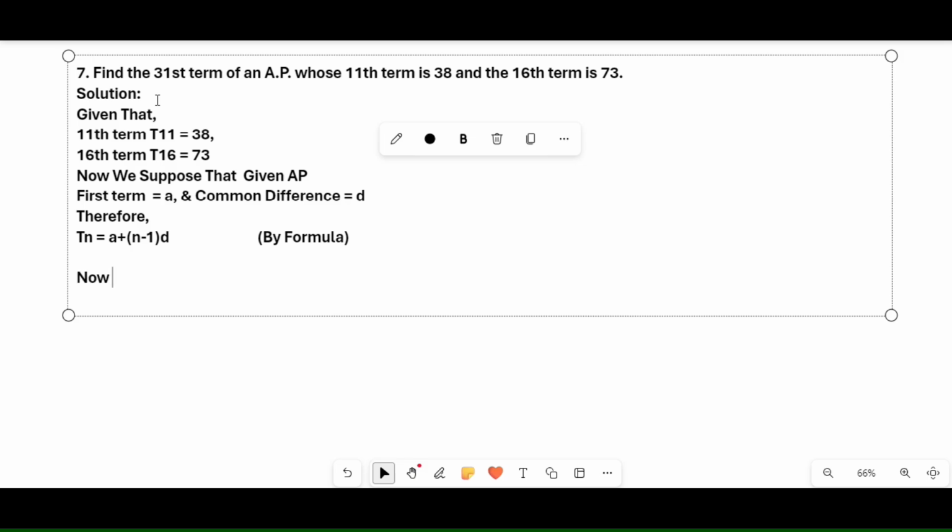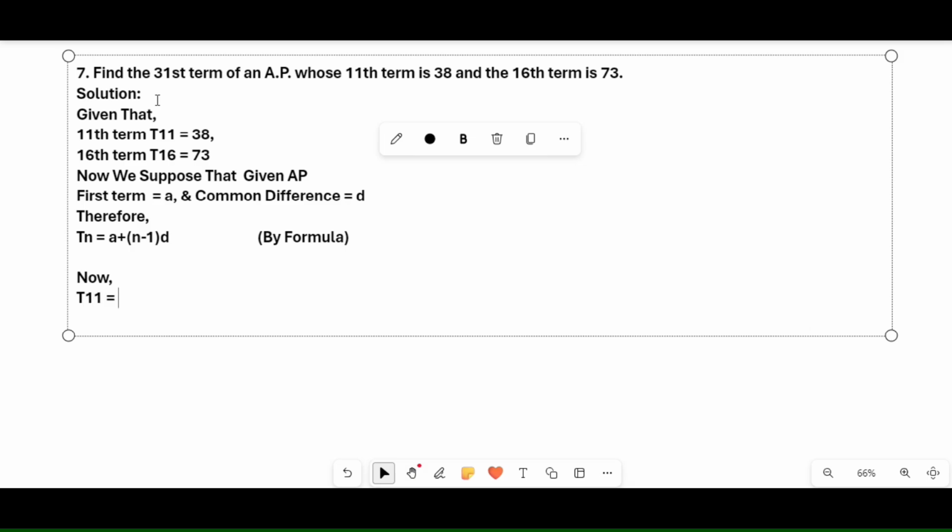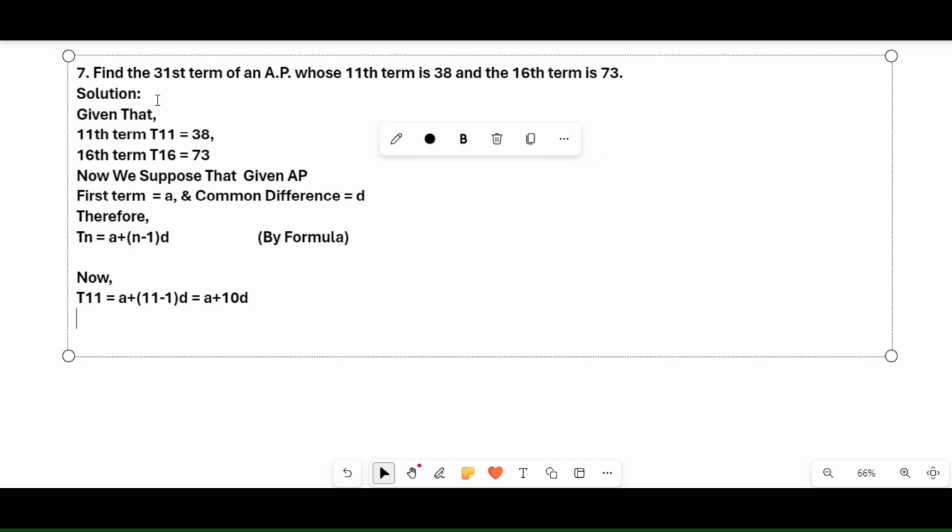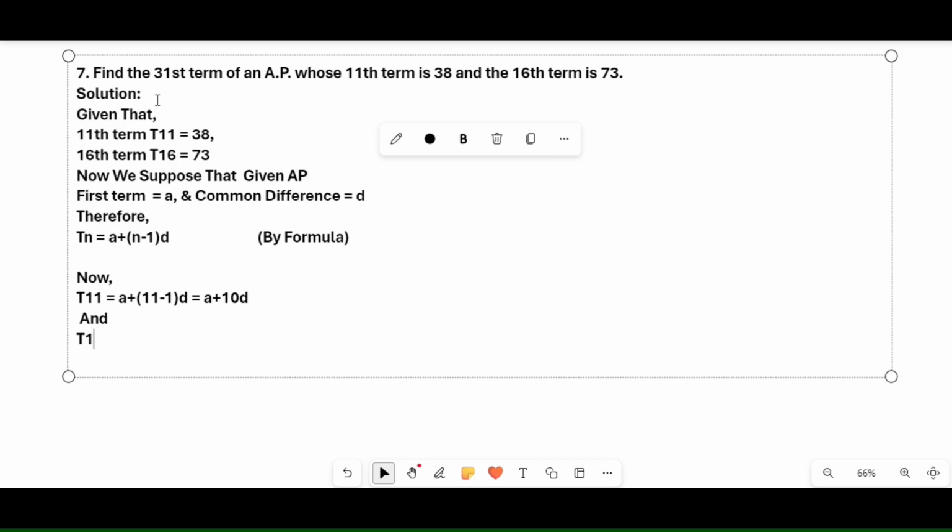Now T11 is equal to A plus (11 minus 1) into D, which is A plus 10D. And T16 is similarly A plus 15D.